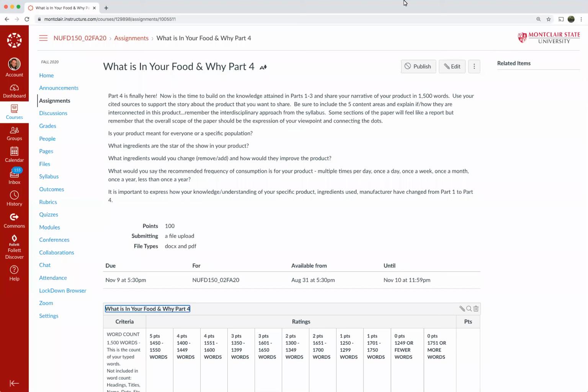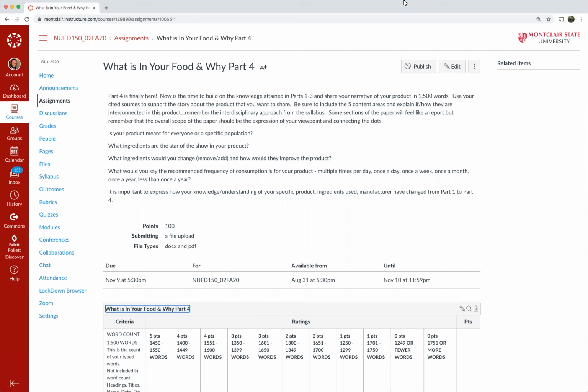If you could make an argument and make it work and connect it to a discipline, then you're good to go. Some sections of the paper will feel like a report, but remember that the overall scope of the paper should be the expression of your viewpoint and connecting the dots.